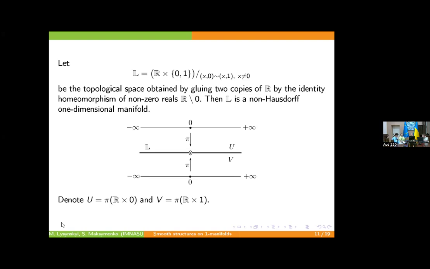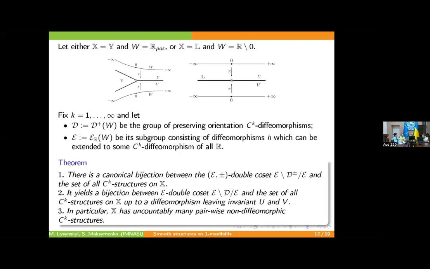The same, it also has an atlas consisting of two open sets, U and V, which come from these copies of R. Now this is almost a repeat of this picture, and now what is the main result which I want to present in this talk.